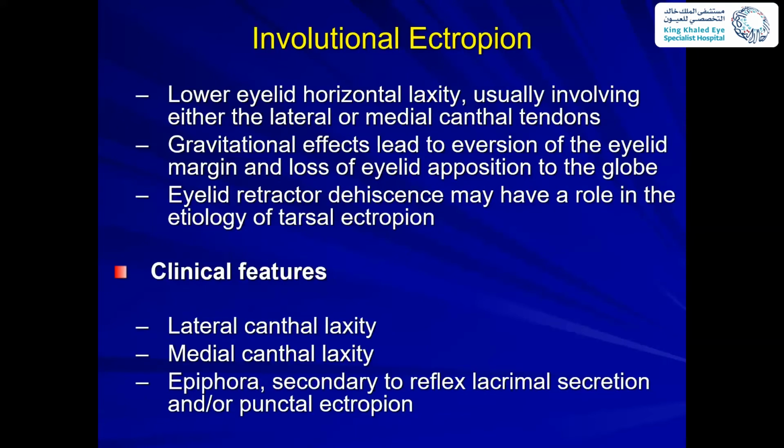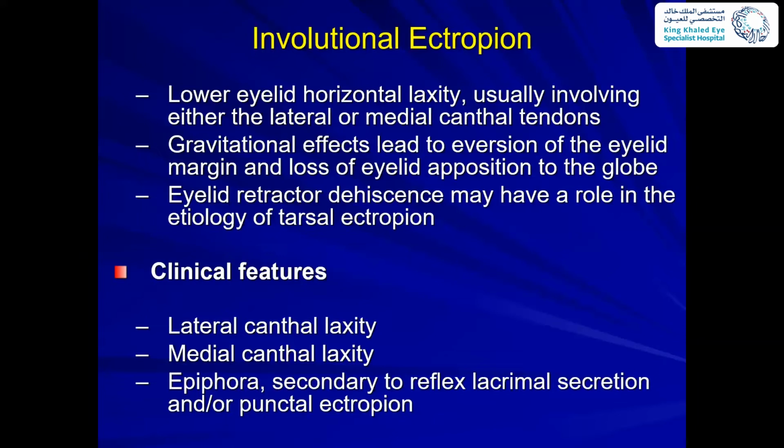Involutional ectropion, which is the most common one, is lower eyelid laxity, again involving the lateral and medial canthal tendons. Because of gravitation, there will be outward deviation of the lower eyelid, and sometimes these patients have prominent eyes and a hypoplastic malar bone.